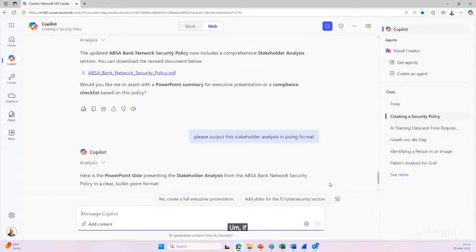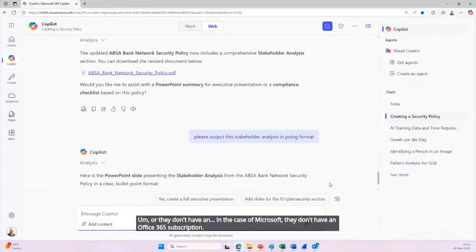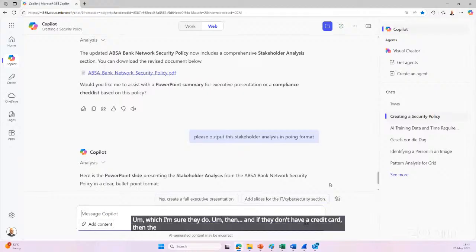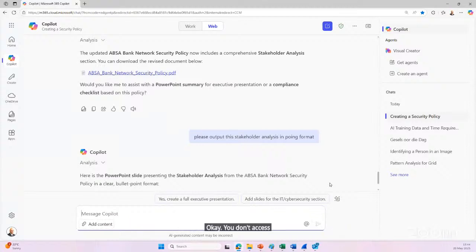If your organization does not have a cloud subscription, or in the case of Microsoft, an Office 365 subscription, which I'm sure they do, and they don't have a credit card, then the answer is you don't. You don't access a paid service if you can't pay for it. And most of them require credit cards.